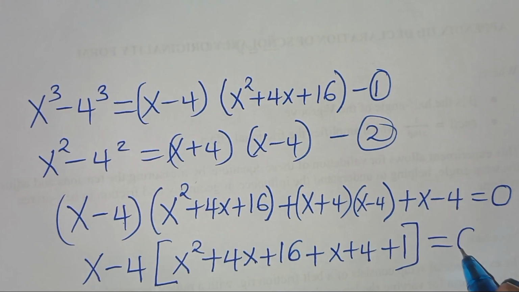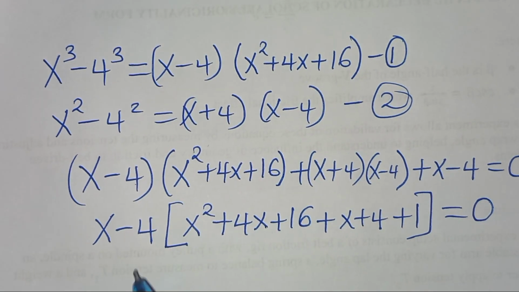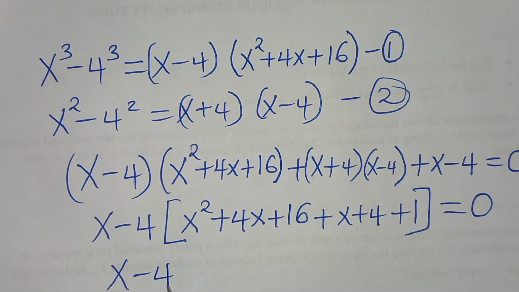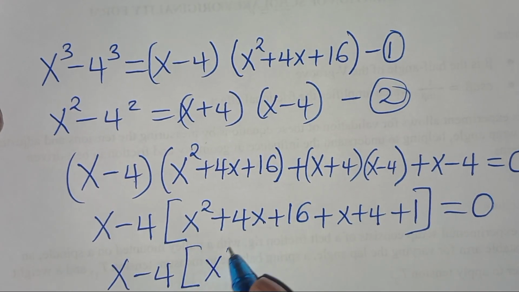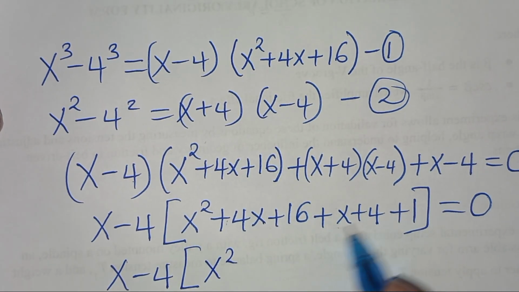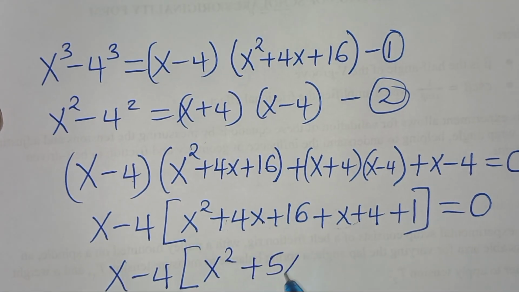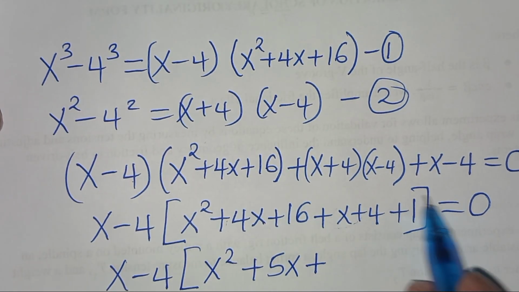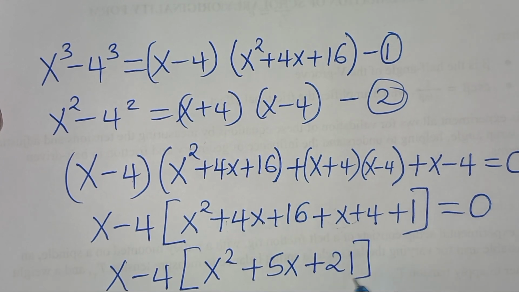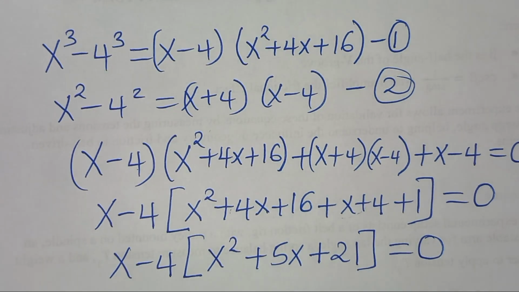This is equal to 0. So we have x minus 4, okay, here we'll have x squared, then 4x plus x, this is 5x, then plus 16 plus 4, this is 20 plus 1, this is 21, then this is equal to 0.